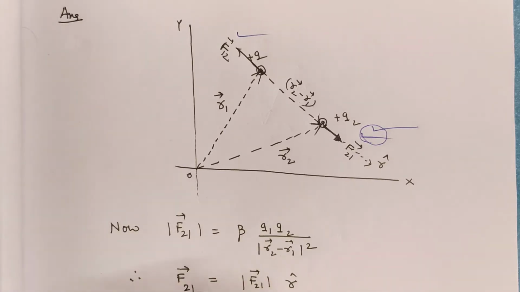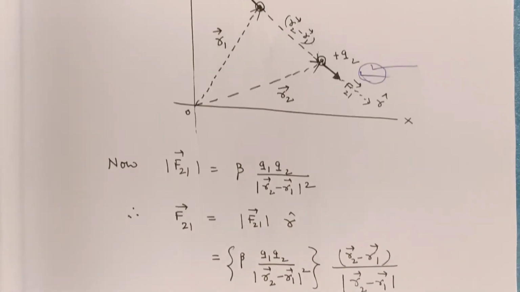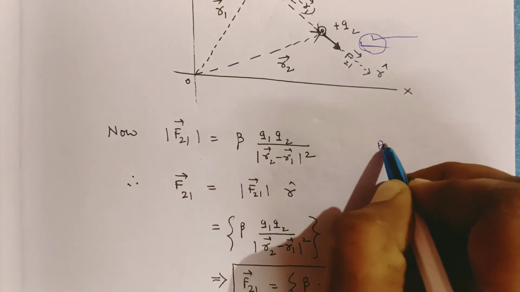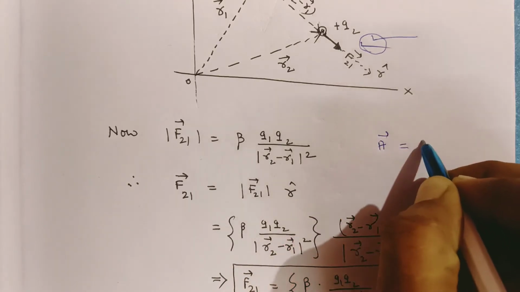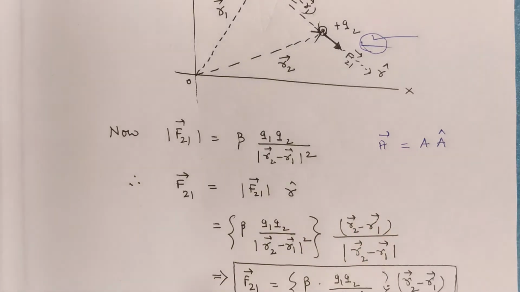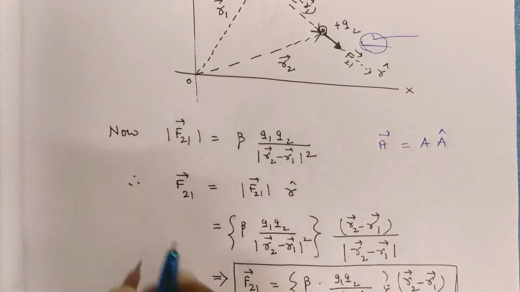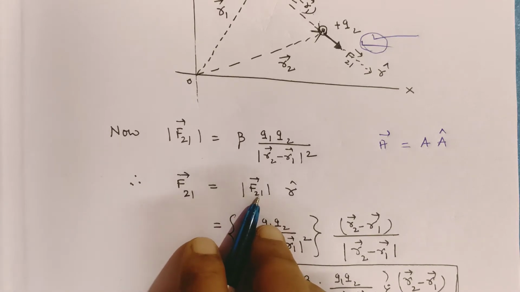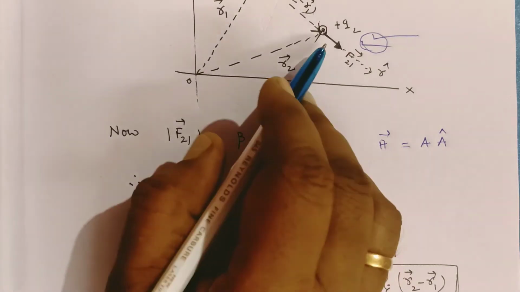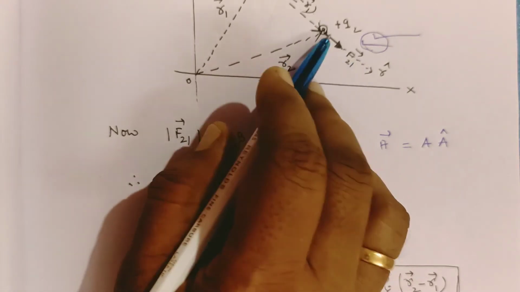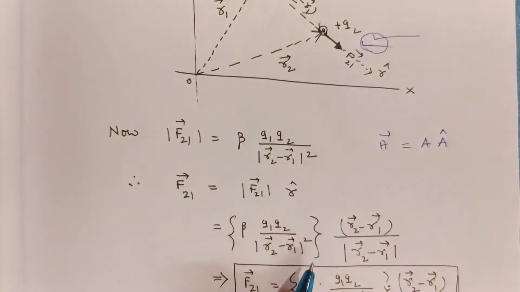Now we have to represent it in vector form. In 11th class you know that any vector can be represented by first its magnitude, then its unit vector. Similarly here F21 vector is represented as F21 magnitude and unit vector. You see the picture. This is the direction of F21 vector and this is the direction of unit vector r cap.